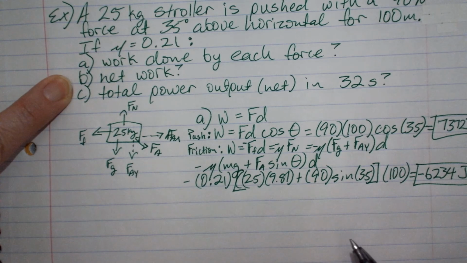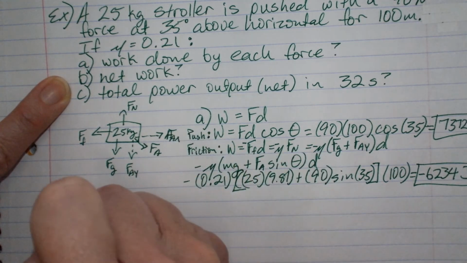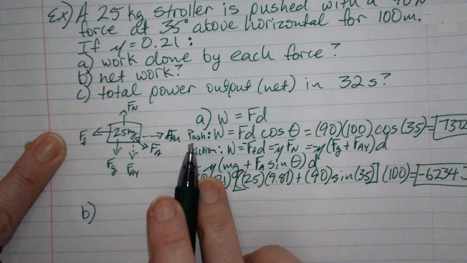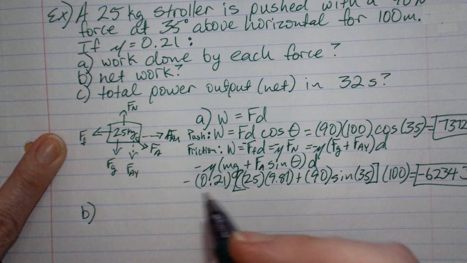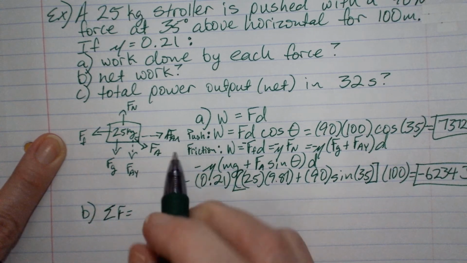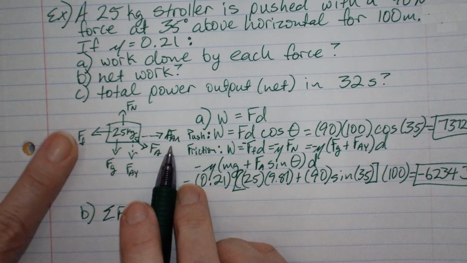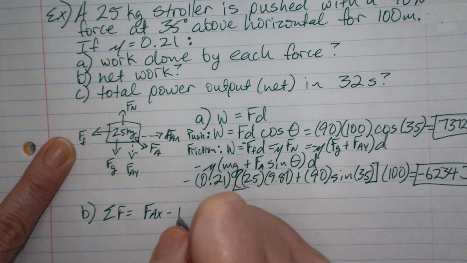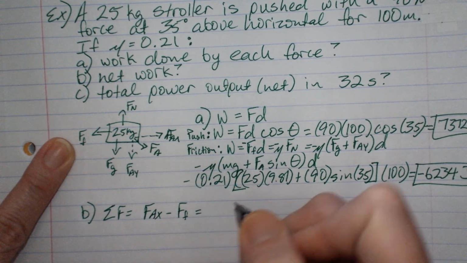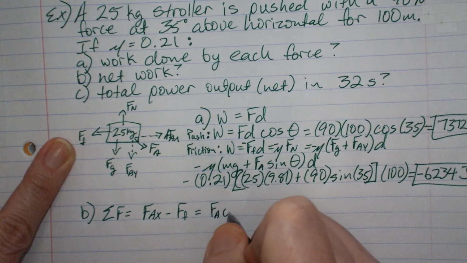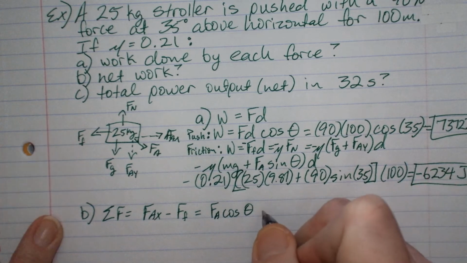I want to know the net work. In order to know the net work, I have to know the net force. The net force is the sum of the forces in the x direction, okay? So I'm going to say this is positive, but this is negative. So it's going to be Fax minus friction. Fax is just Fa cosine theta.